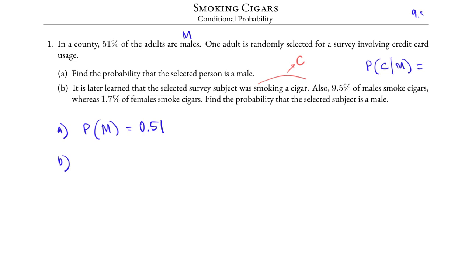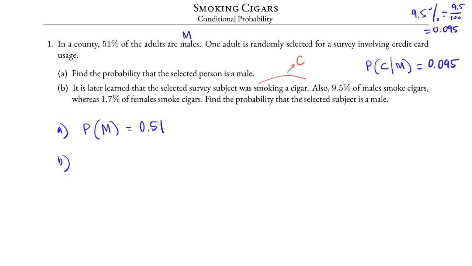And 9.5% is 0.095, because 9.5% is 9.5 divided by 100. And so the conditional probability P of C given M is 0.095.